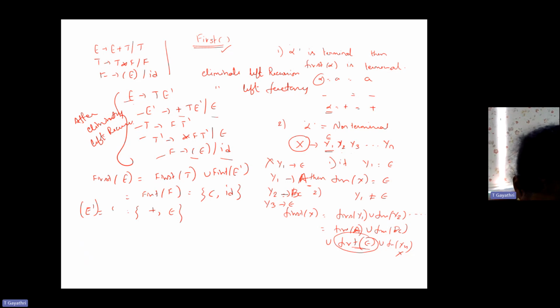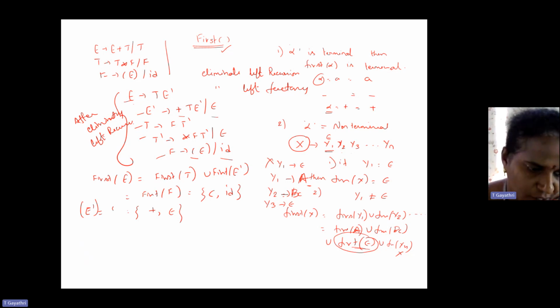Next is the first of T. Now we go to T tends to F. Again, what is the F value? Open brace, ID. Next, T dash: we go to the T dash production, star and epsilon.